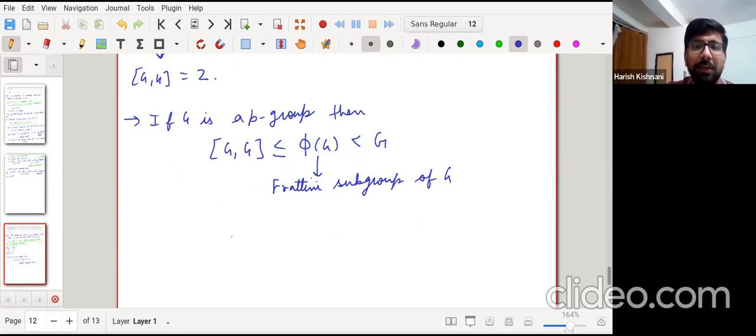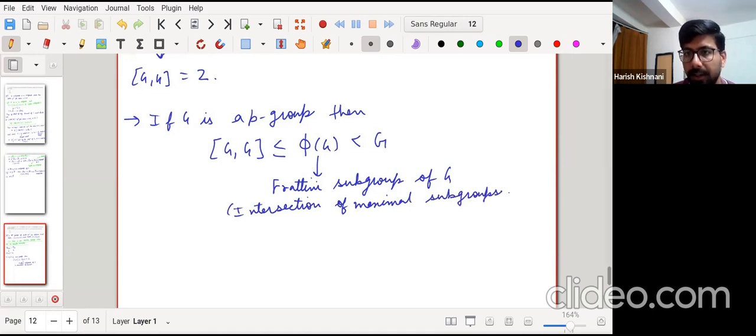But if you are in a finite setup, then there will be some maximal subgroup, and that will force its intersection to be a proper subgroup of G, because maximal subgroups by definition have to be proper. So the intersection of maximal subgroups of G is again a proper subgroup of G. And why is the commutator subgroup a subgroup of phi of G?